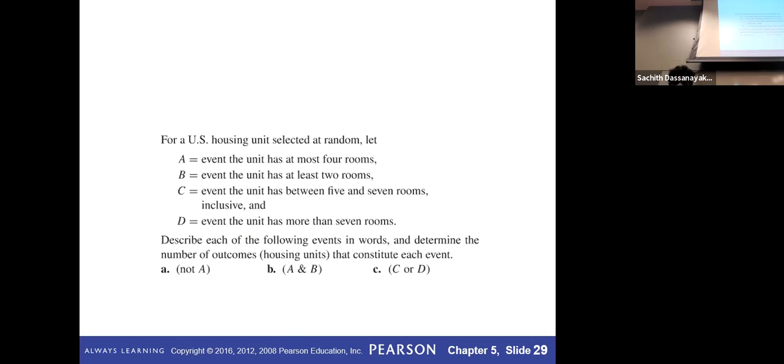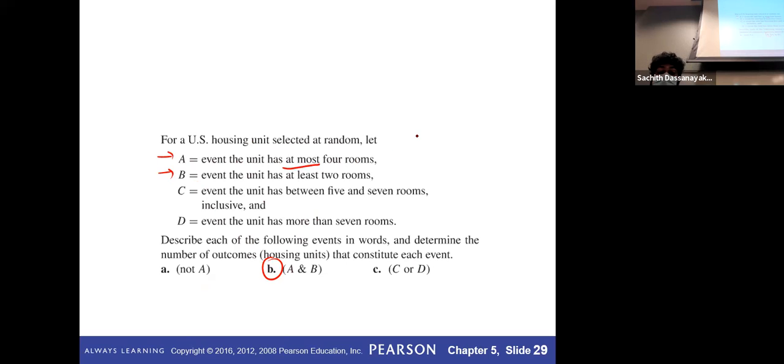I'll do just one example. Which one do I need to do? The first one is the easiest, but let me pick B. I'll do this one. What is B? At most 4 rooms.